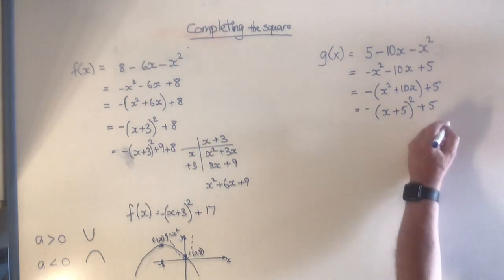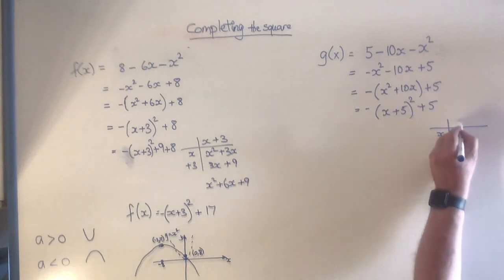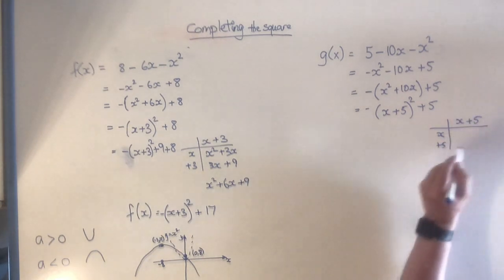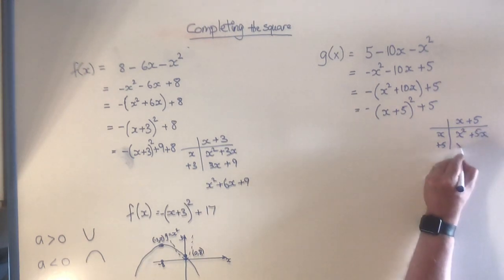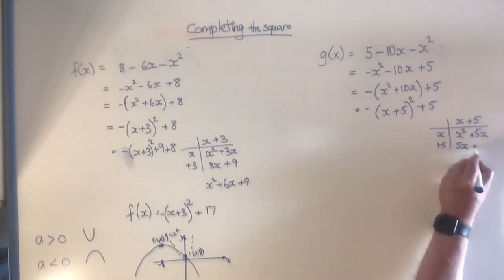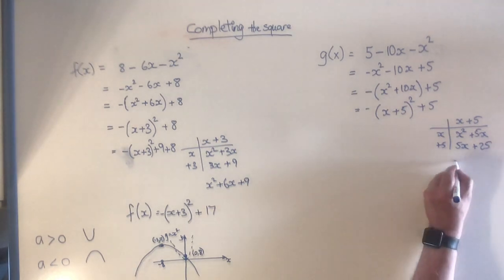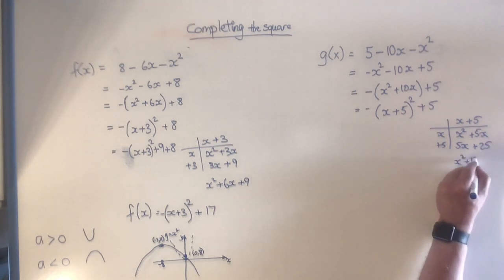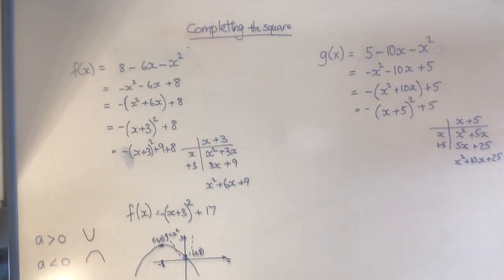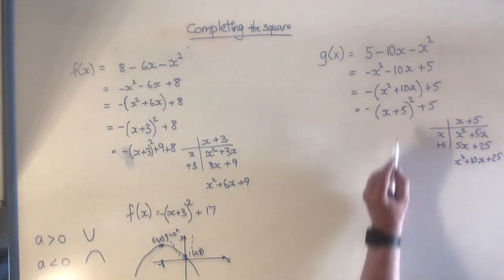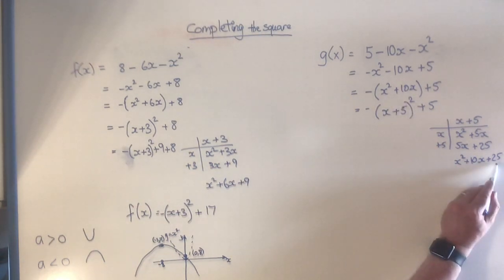We now do the grid. x plus 5, x plus 5, x squared, 5x, another 5x, and 25. Tidying that up, or multiplying it out, that is our answer. But we're only considering the first two parts of it, so there's 25 too much here.